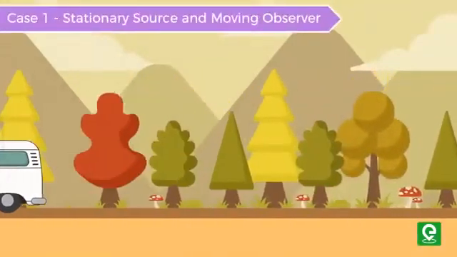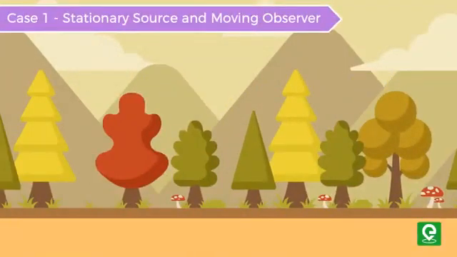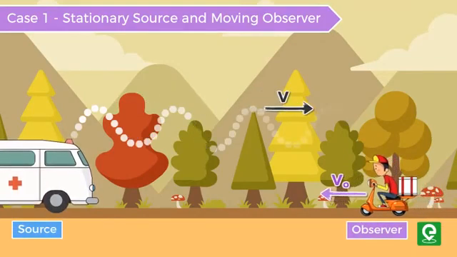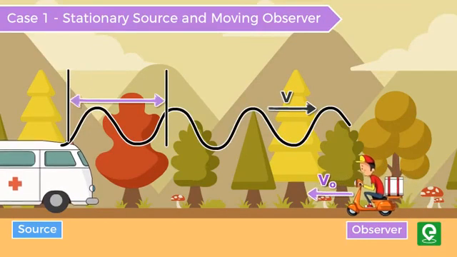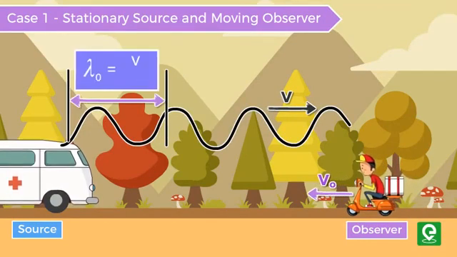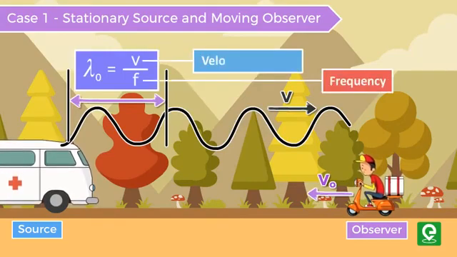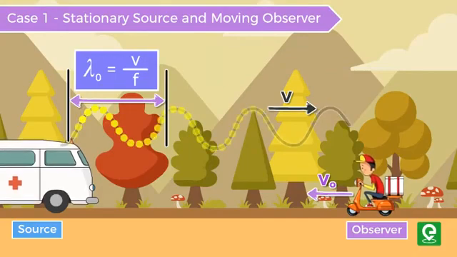Case 1. Stationary source and moving observer. When a stationary source produces sound waves of frequency f, then its wavelength in the air is given by the relation lambda naught equals v divided by f, where v is the velocity of sound. Now these waves are traveling towards an observer who is moving with a velocity v naught towards the source.